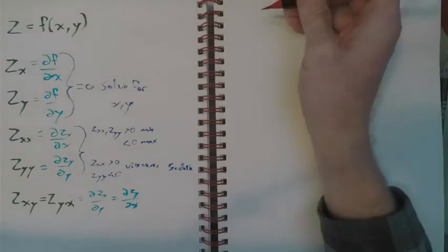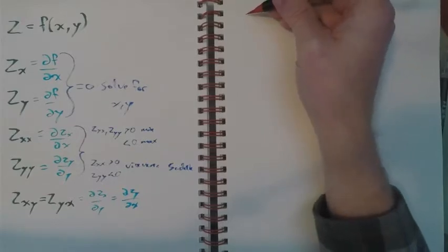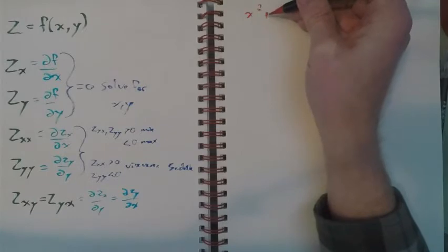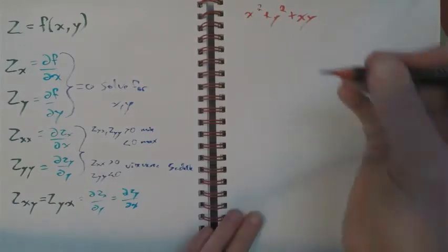And for that matter, let's go ahead and come up with a function. Let's say our function is x squared plus y squared plus xy. Nothing crazy. So what do our derivatives look like?